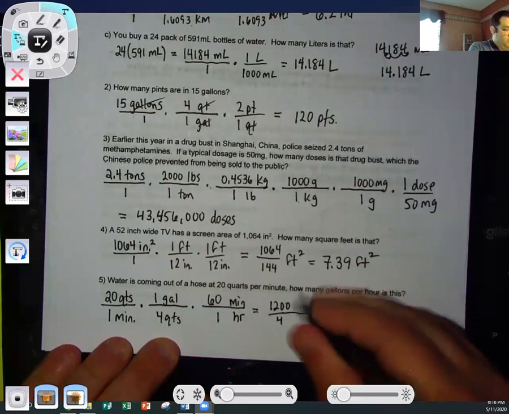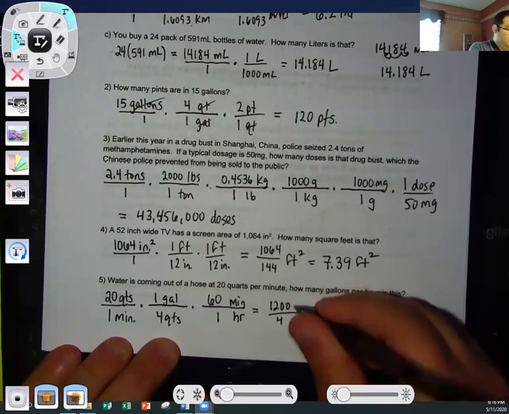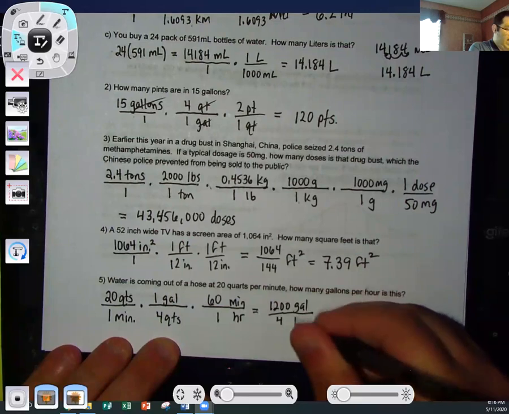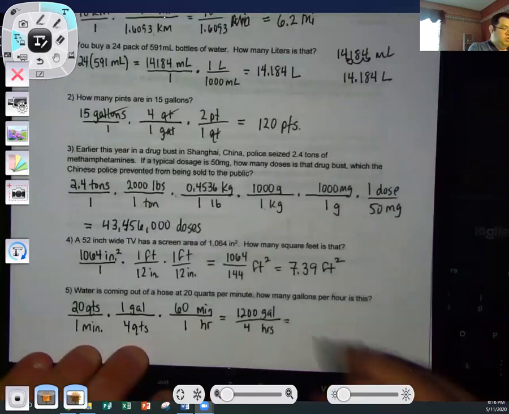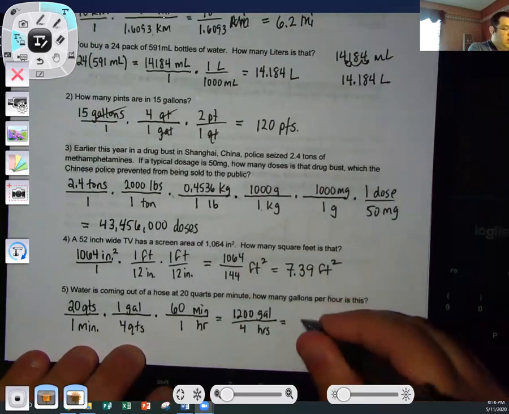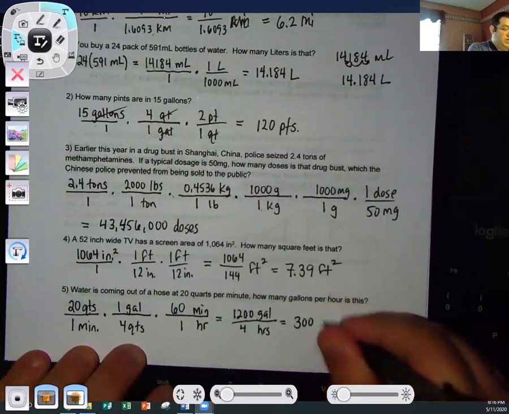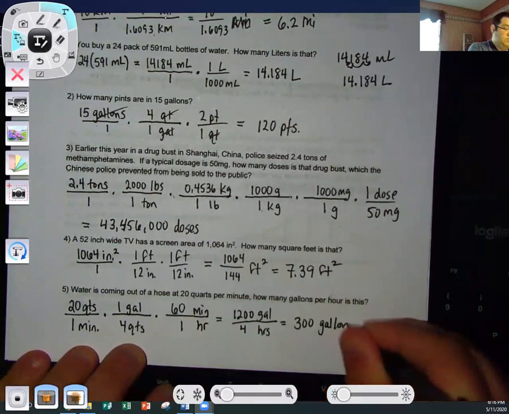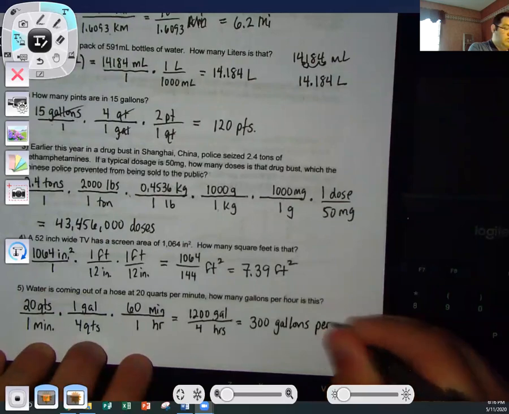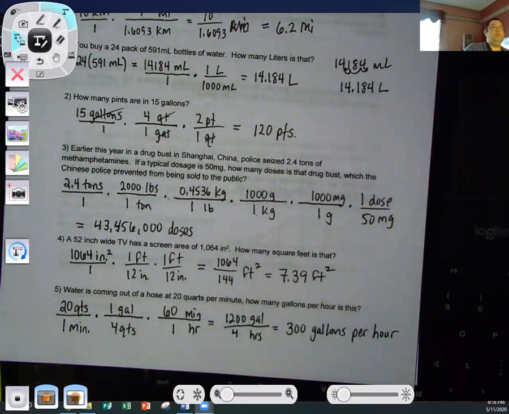So that's 1,200 gallons in 4 hours, which is the equivalent of 300 gallons per hour. So the water will come out of the hose at approximately 300 gallons per hour. Okay.